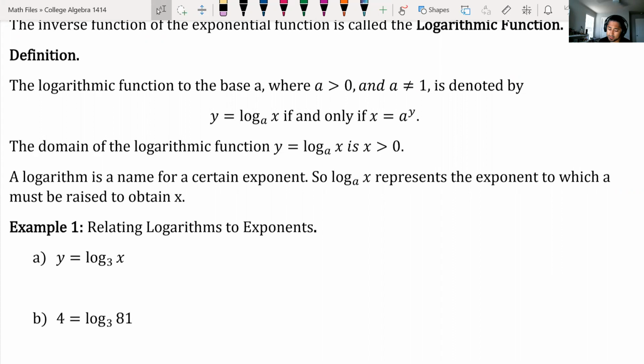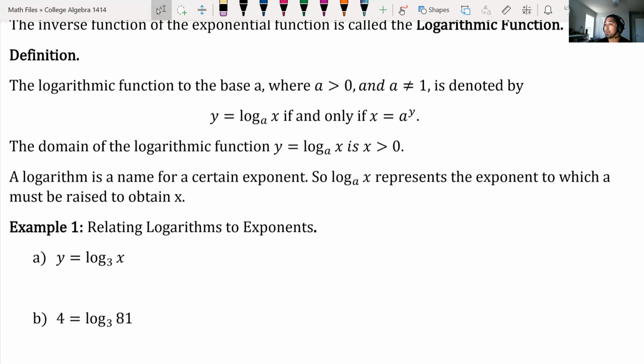What we're saying with this statement is that the log function is true if and only if we can convert it to an exponential function, such as x equals a to the y. This relationship shows that they are inverses of each other. The domain of a log function is going to be all values of x greater than 0.